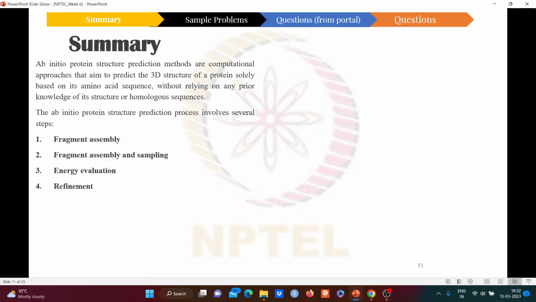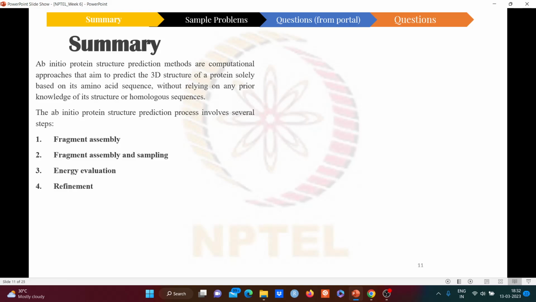The steps involved in the ab initio prediction process are, first, fragment assembly, where the target is to generate a large number of short protein fragments, typically 3 to 9 residues in length, which represent the possible building blocks of the protein structure.